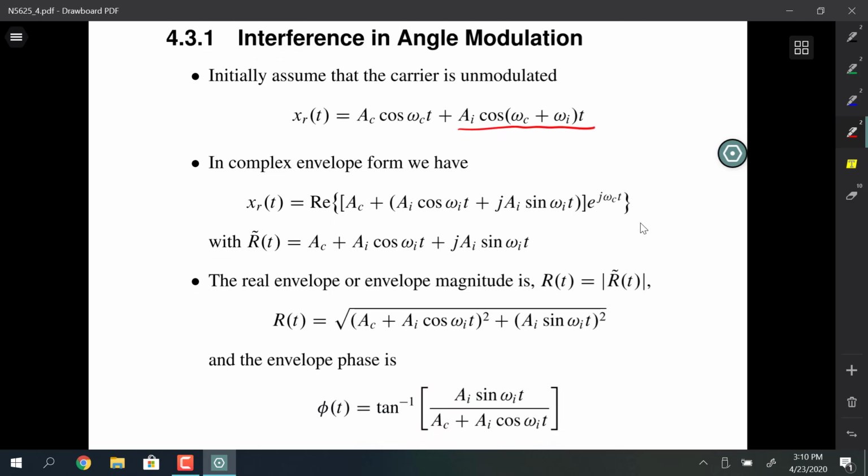complex envelope that we've used in the past when we were studying interference in amplitude modulation, and we form that complex envelope by expanding everything in terms of the carrier at omega c. So we write this expansion in terms of omega c, and then our unmodulated carrier will come along here, and it hits the e to the j omega c, so it creates an unmodulated carrier.